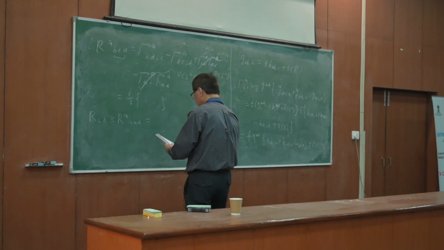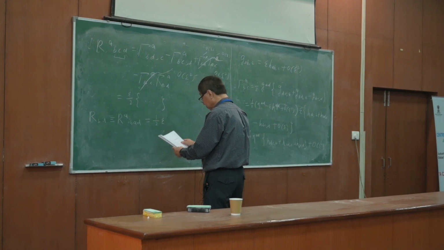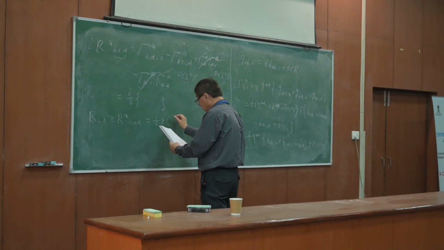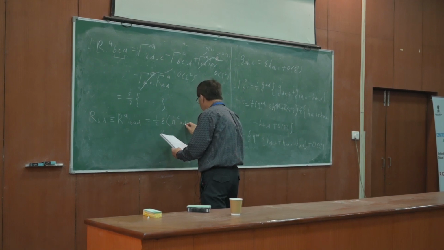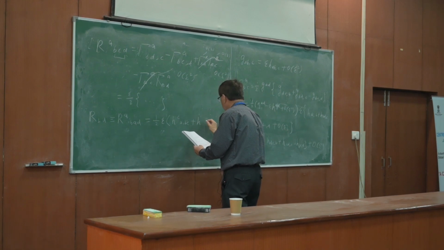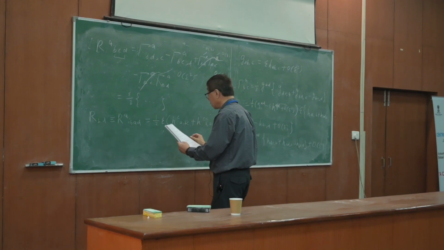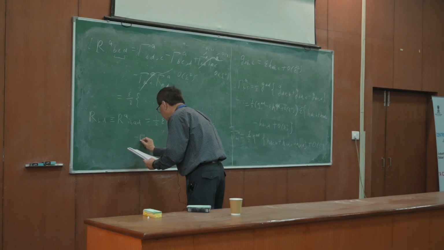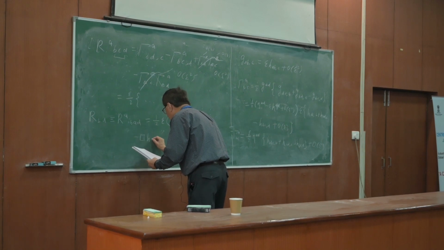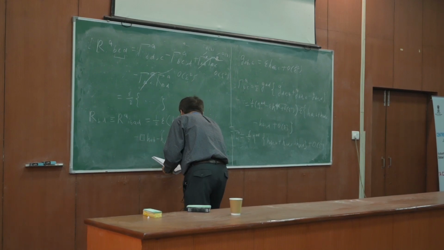So this will give us 1 over epsilon, H C A B C plus H C B A C, minus both H A B minus H A B plus.